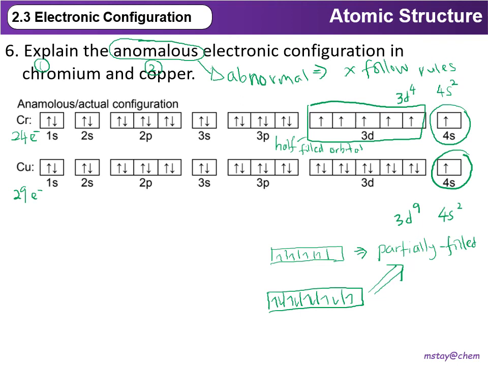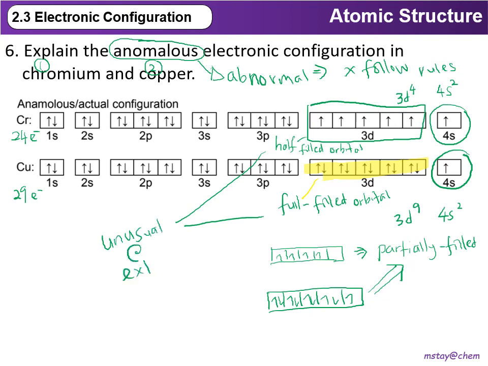While in this case, the 3d orbital, we consider it as a full filled orbital. Half filled and full filled orbitals have unusual, or we can say extra, stability.